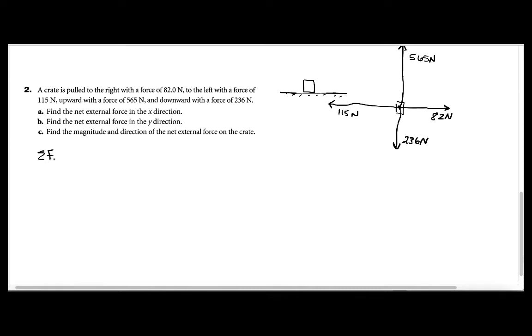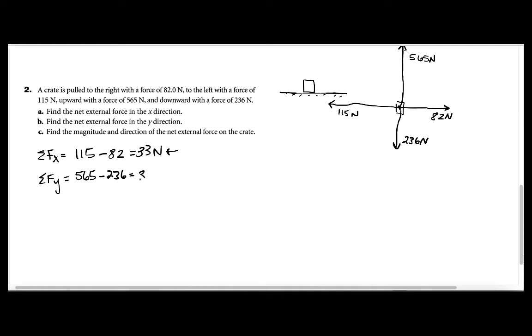So if I find the net force in the x direction, remember this little sigma means the sum of the forces in the x direction. So I have this bigger force of 115 minus my force of 82, which gives me a net force of 33 newtons, and that's going to the left. If I sum up my forces in the y direction, I have 565 newtons up, 236 down, so I'll subtract them.